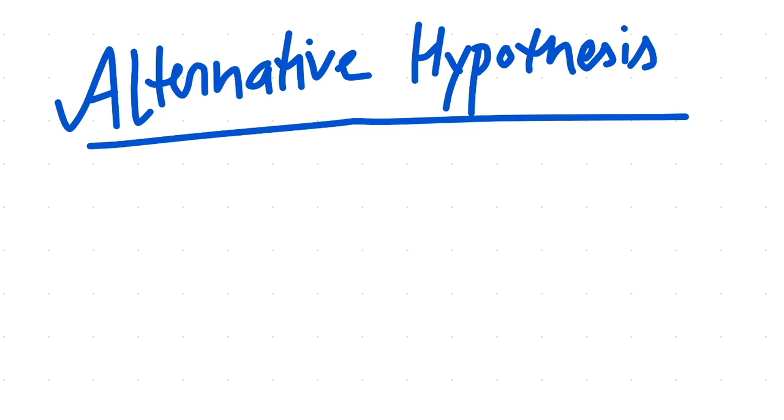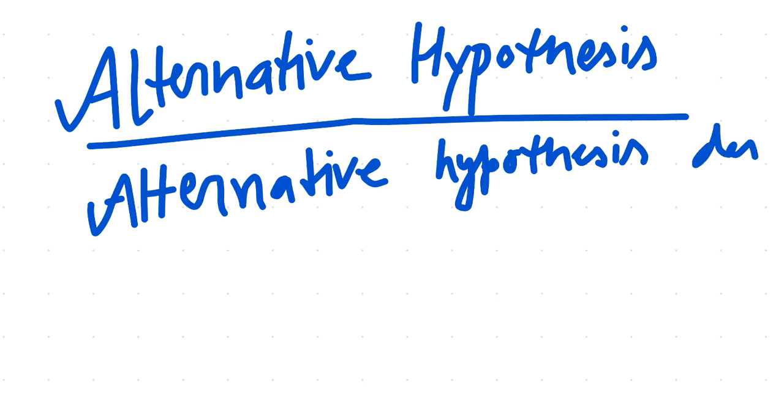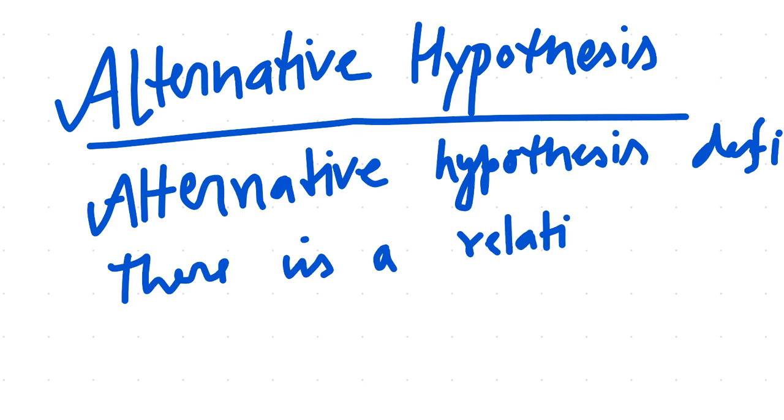So the alternative hypothesis defines there is a relation between two variables.